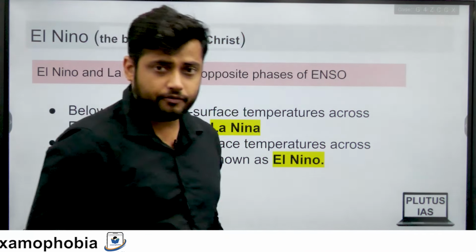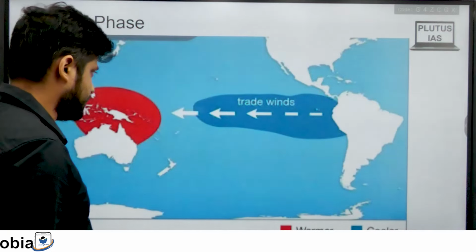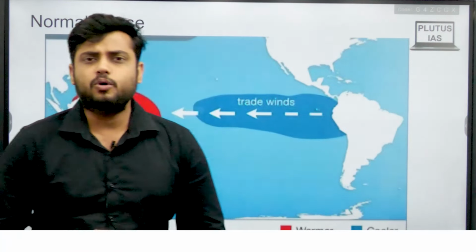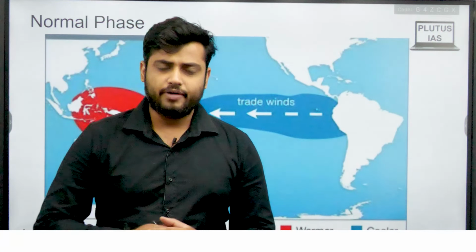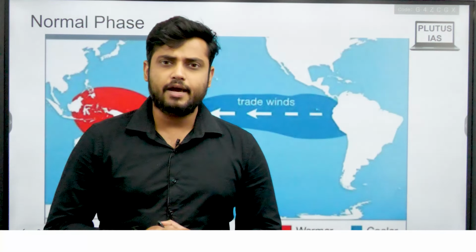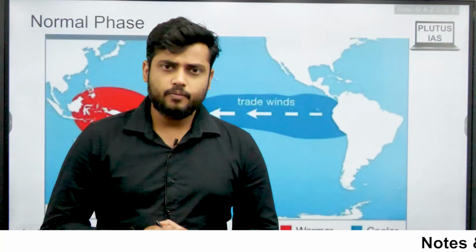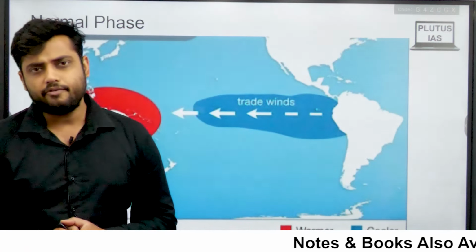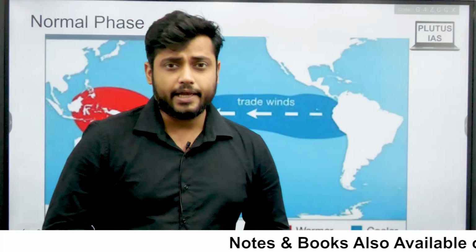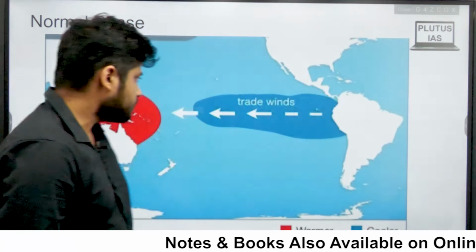So this is clear to everyone. Now I am going to explain the situation. We have understood that El Nino will be named when the sea surface temperature is more than the average, La Nina will be named when the sea surface temperature is less than the average, and the temperature differs by up to 4 degrees Celsius.